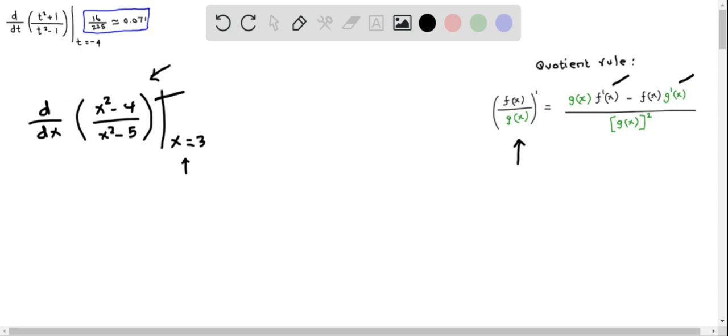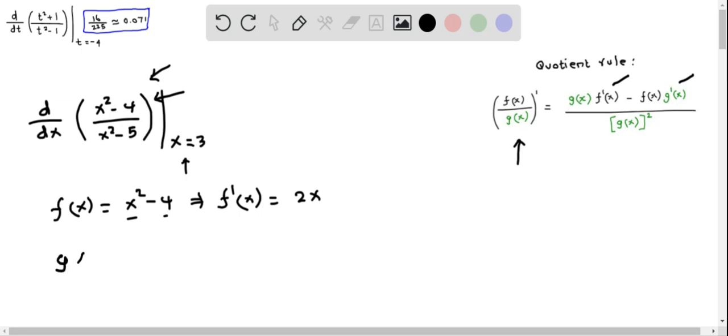So first we consider this numerator expression as f of x. So f of x equals x squared minus 4, and this implies we can find its derivative, that is f prime of x, and this equals, we have to find the derivative of x squared using the power rule. It is 2x, and the derivative of negative 4 is a constant, which is 0.